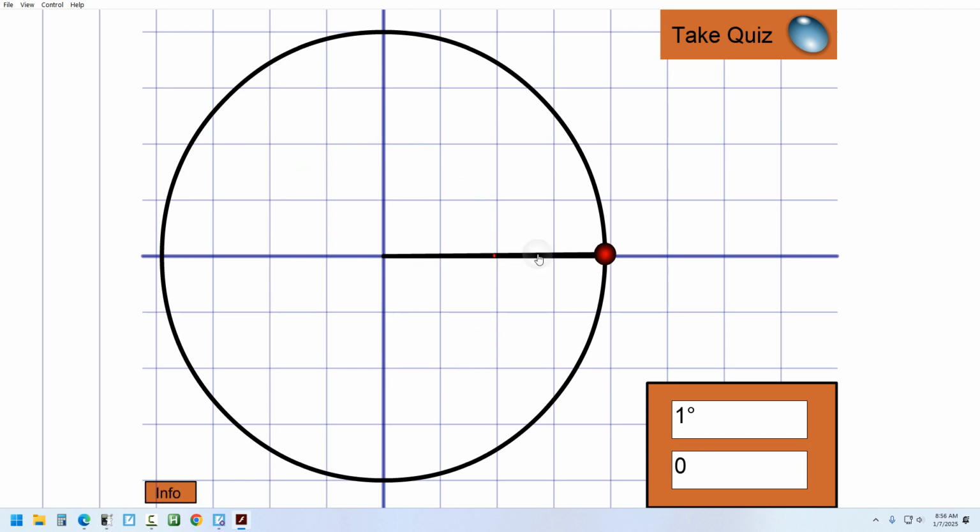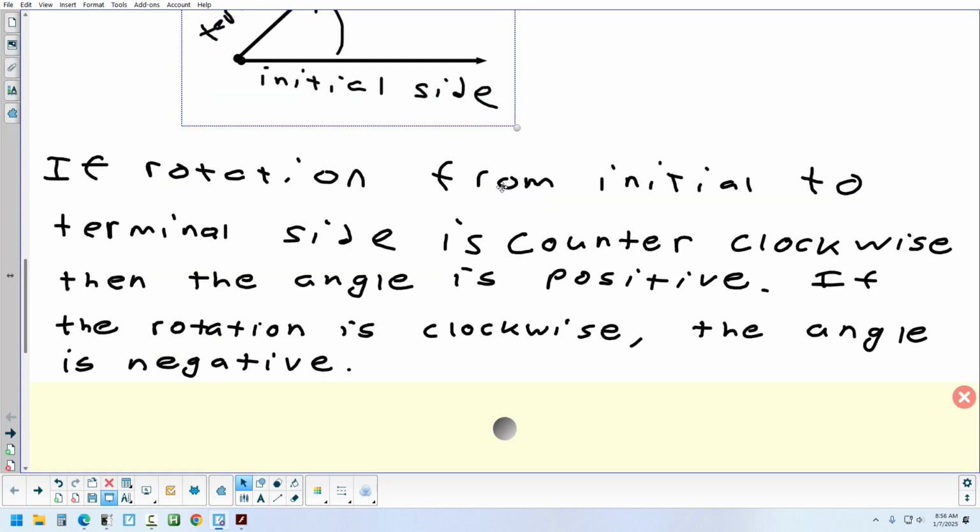So 45 would probably show one with pi, and then 60 would, yep, all of a sudden it changes. 30 would probably be another one. So radians has a lot to do with pi. We're going to talk about that. Any questions on the difference between a positive and a negative angle? It's just the direction.